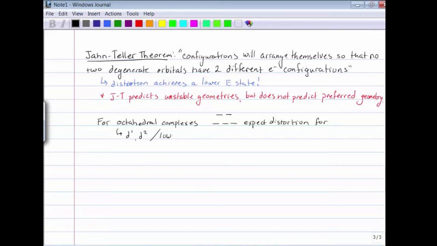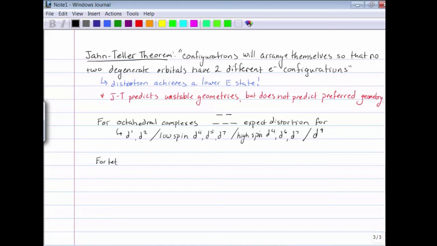When you have low spin d4, d5, or d7, you will get distortion, but not for low spin d6. For high spin d4, d6, d7, and d9. Actually, I should say high spin d4, d6, d7, and d9, because d9 is not high spin or low spin.